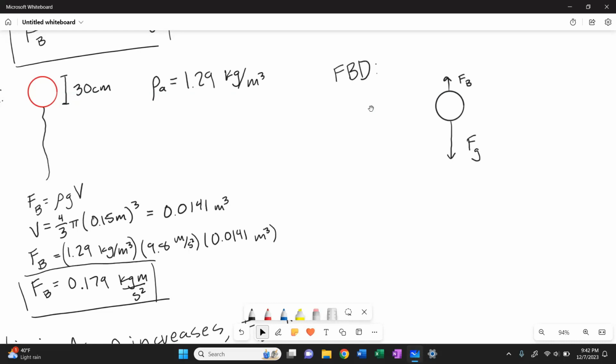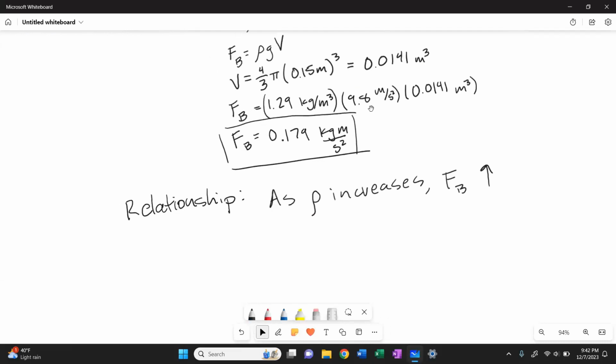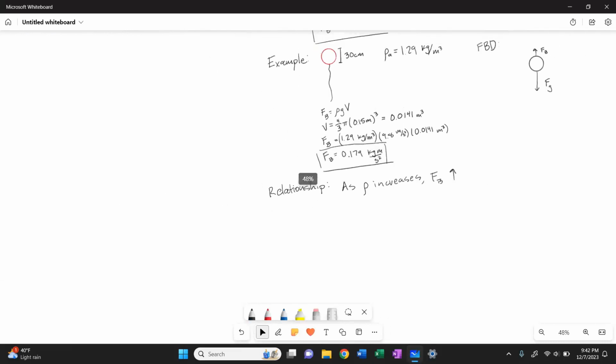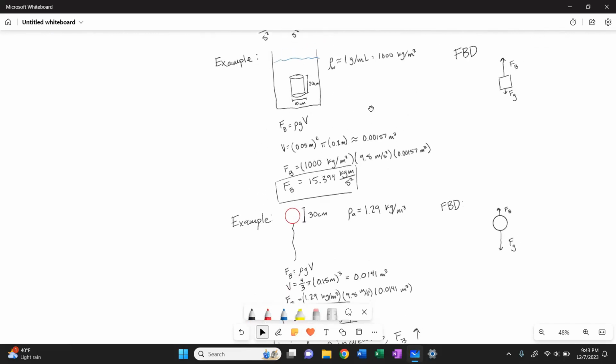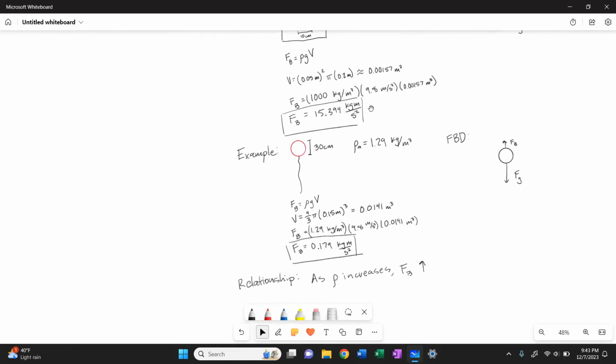And then if we compare these two situations, we'll see that because the density of water is much greater, almost 1,000 times greater than the density of air, then as the density increases, the force of buoyancy will increase.